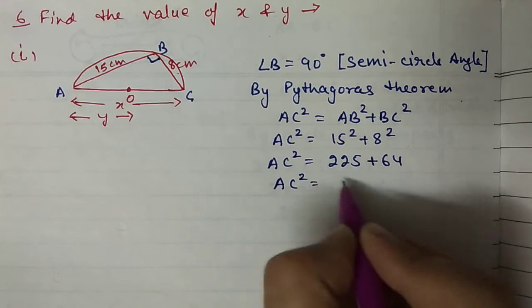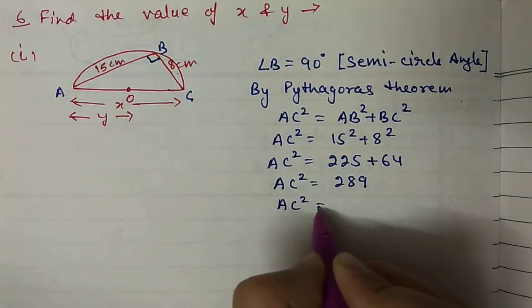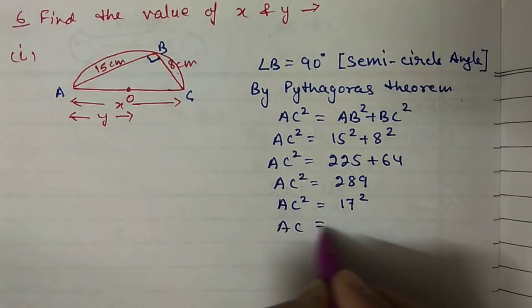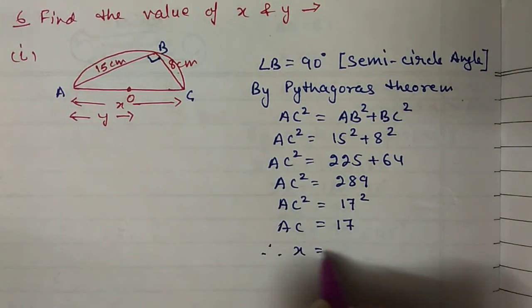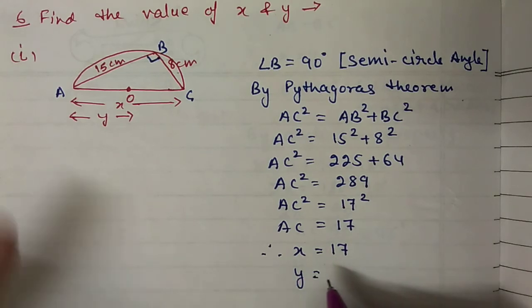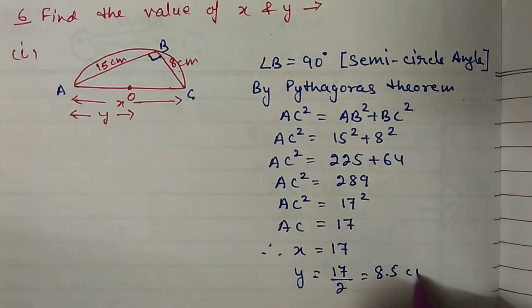So AC square will be 289. 289 is the square of 17. So the value of AC is 17 and AC is x. So therefore x value is 17 and y will be half of this, because we have to measure from A to O. So y will be half of this, means 8.5 centimeter.